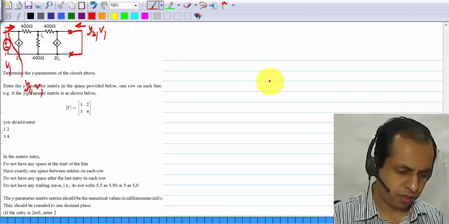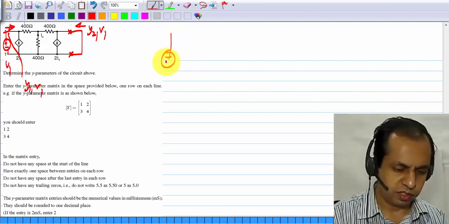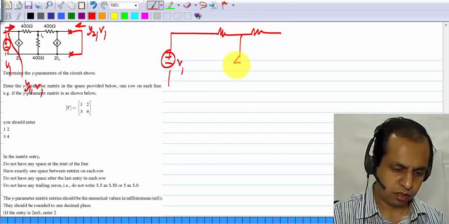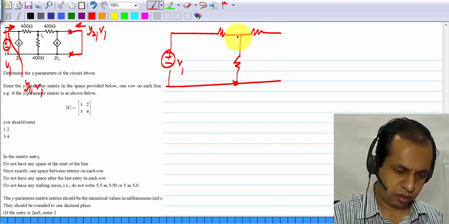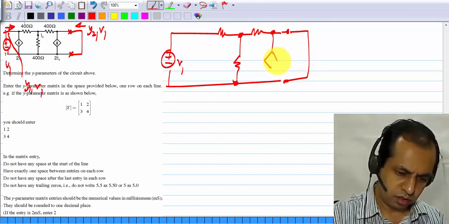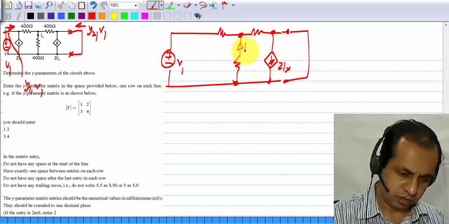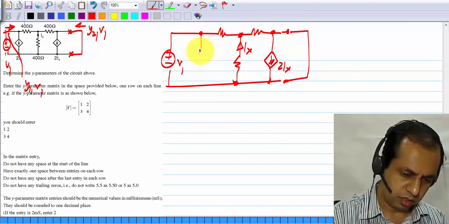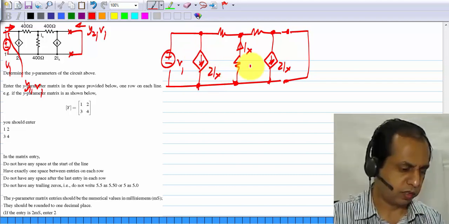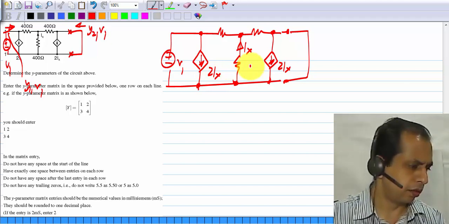Okay, so if you solve for this network, V1, this is short circuited, and you're told that this is 2Ix, where this is Ix, and this is 2Ix in this direction.